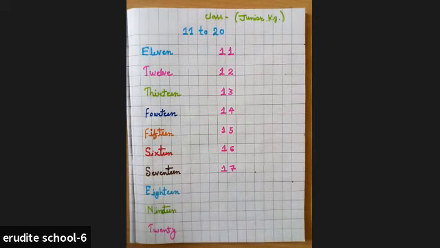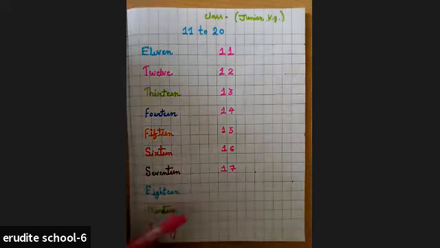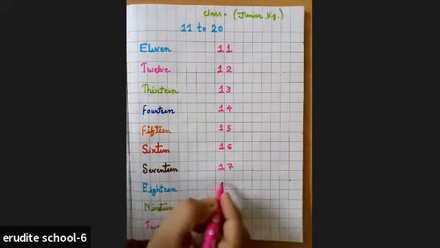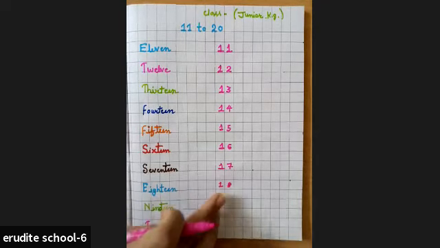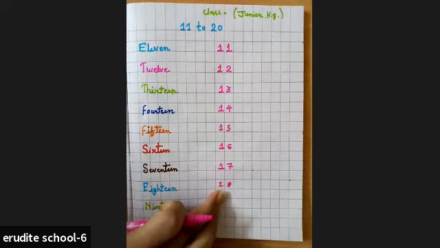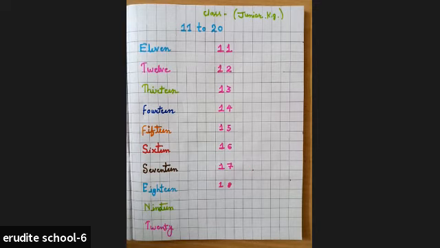Yes, beta. Sorry for that. Okay. So now let's start. Okay. So now 18. 1, 8, 18. Spelling of 18. E I G H T E E N. 18.